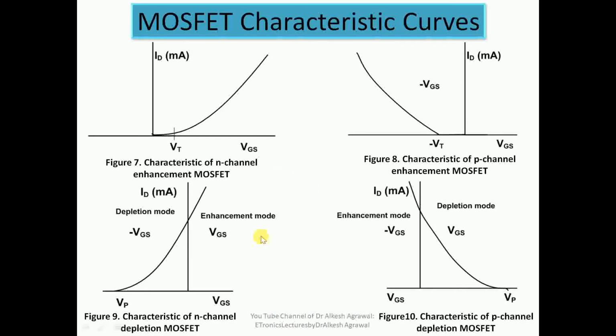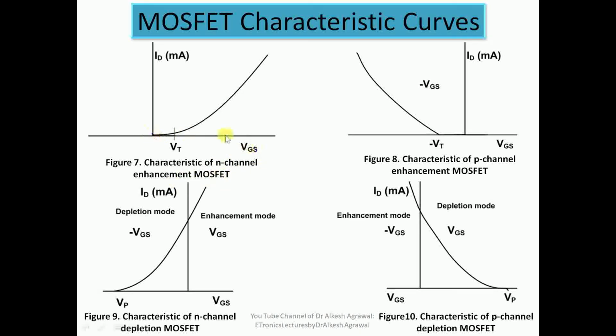Here are some characteristics. We know that in enhancement MOSFET, as I have told you, the channel is not inbuilt, and when we apply a suitable voltage at the gate, the channel comes into existence. So there is a flow of drain current. There is a threshold voltage, and as the gate to source voltage of positive polarity is increased beyond this threshold voltage, the drain current will also increase in N channel enhancement MOSFET.